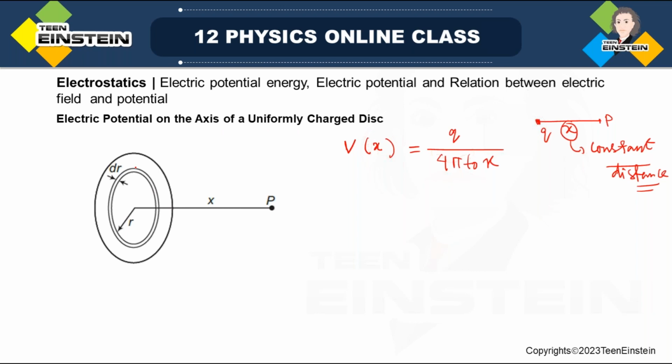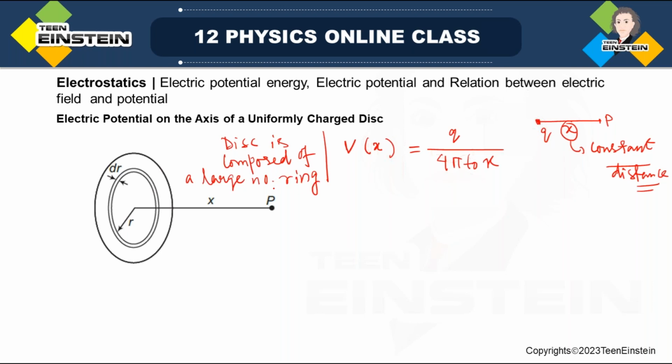In this case, we are calculating electric potential on the axis of a uniformly charged disk. What we had done was consider a ring of radius r. A disk is composed of a large number of rings.